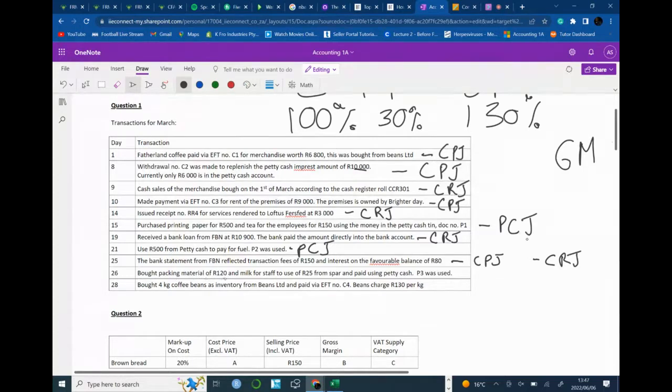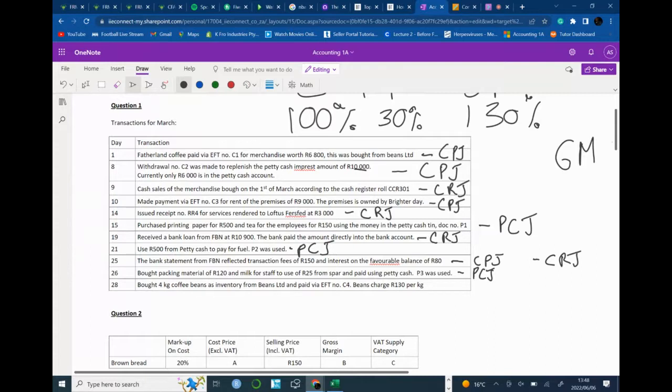Bought packaging material of 120 and milk for staff, using 25 Rand from SPA, and paid using petty cash. Yep, this is PCJ, all of it. So it's different things that are being affected. Then bought 4 kg coffee beans as inventory from Beans Ltd and paid via EFT.